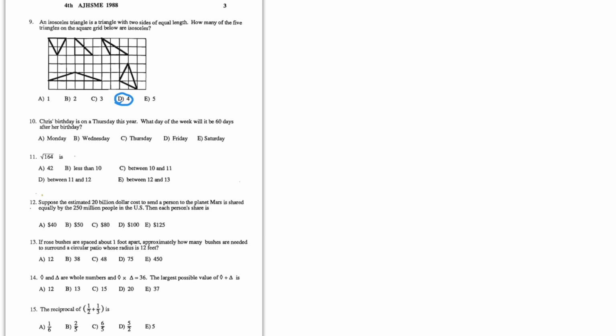Number 10. Chris' birthday is on Thursday this year. What day of the week will it be 60 days after her birthday? So 60 days, we know 1 week is 7 days. We use 60 divided by 7. That's 8, remainder 4.